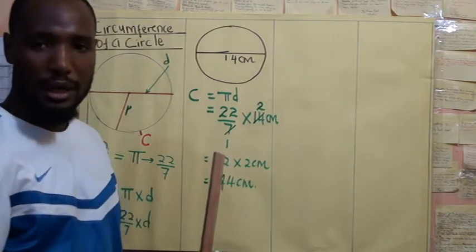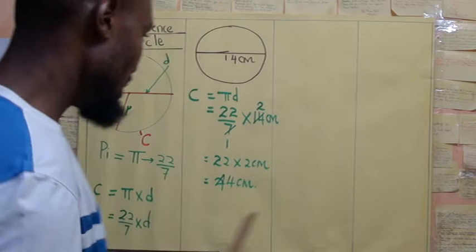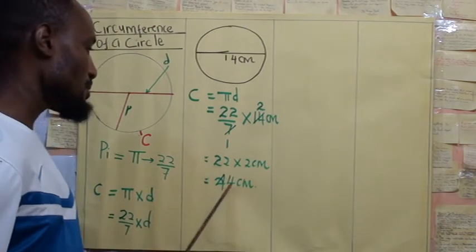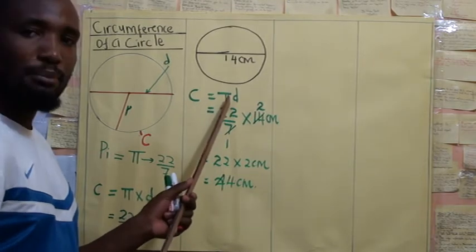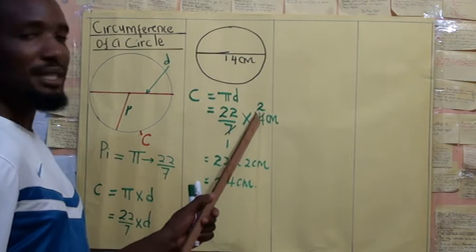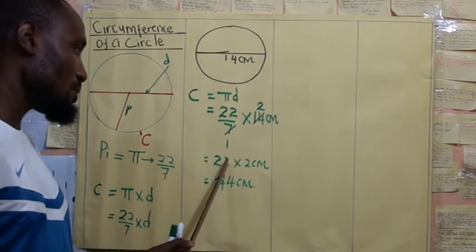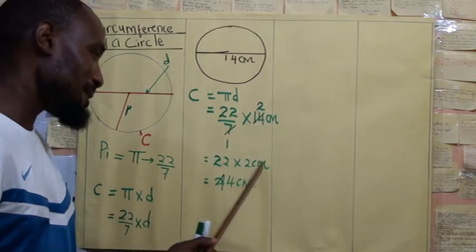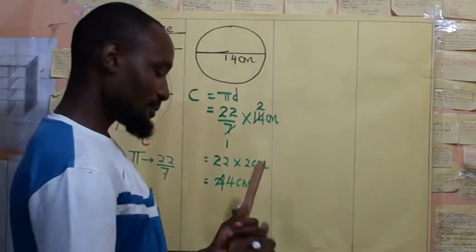So the circumference of that circle is 44 centimeters. How did we get 44? We said pi d, which means 22 over 7 times diameter, which is 14. You simplify 7 and 14 to get 2, so you have 22 times 2.